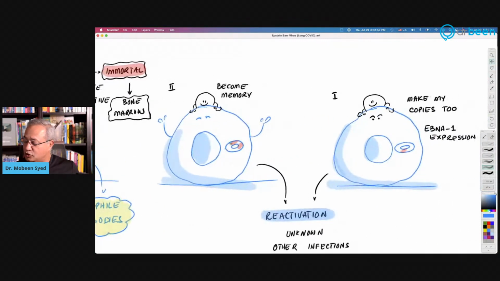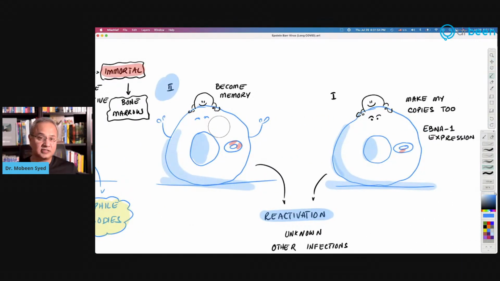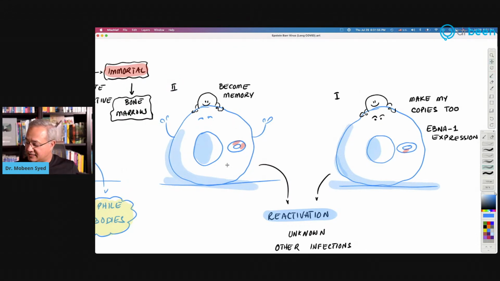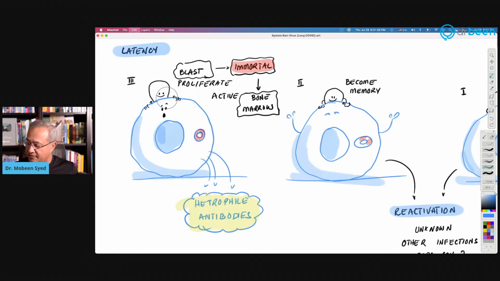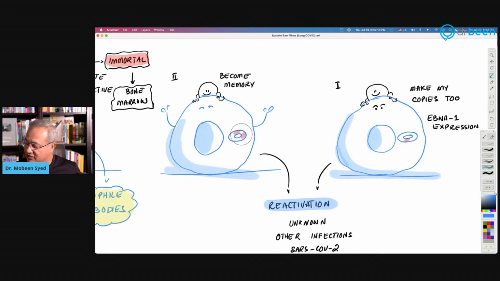Then is the type 2 latency. In the type 2 latency, the same B cell, let's say this was a B cell, had this plasmid in it, or circular genetic material of the Epstein Barr virus. This is such a cute thing, a dangerous thing as well. Now what this virus is doing is, the virus plasmid turns off many of its genes.